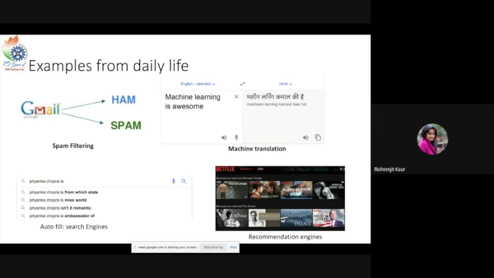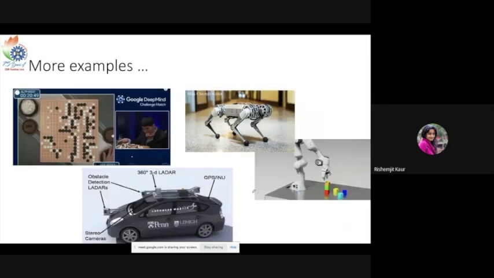In the beginning it may not work very well and may give you some random recommendations, but with time, as you keep on watching more and more, it learns more about your behavior and choices, and gives you better recommendations. So machine learning is not very far-fetched. We see it around us.